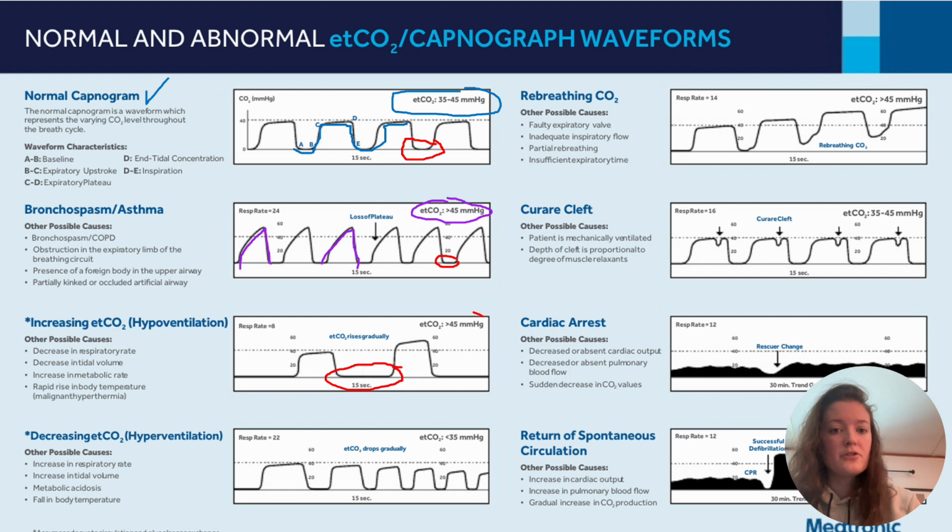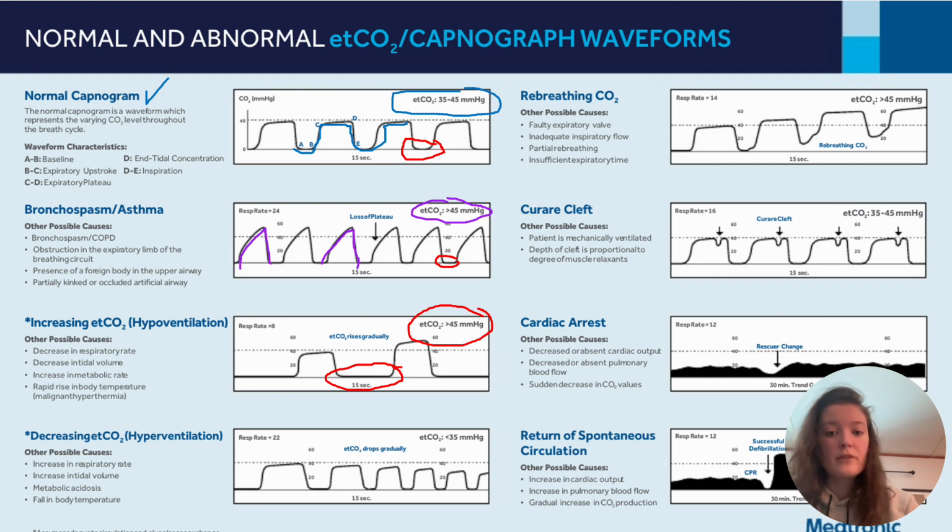Your end tidal CO2 is going to be greater than 45. It's something you should look at to see if you need to be bagging this patient, especially if they're hypoventilating to less than 8 breaths a minute.